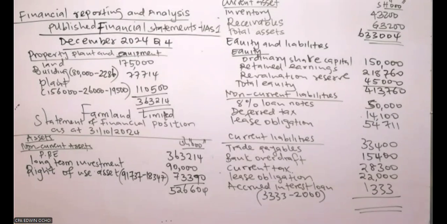So that we check maybe something which we have not captured. You are getting equities and liabilities.